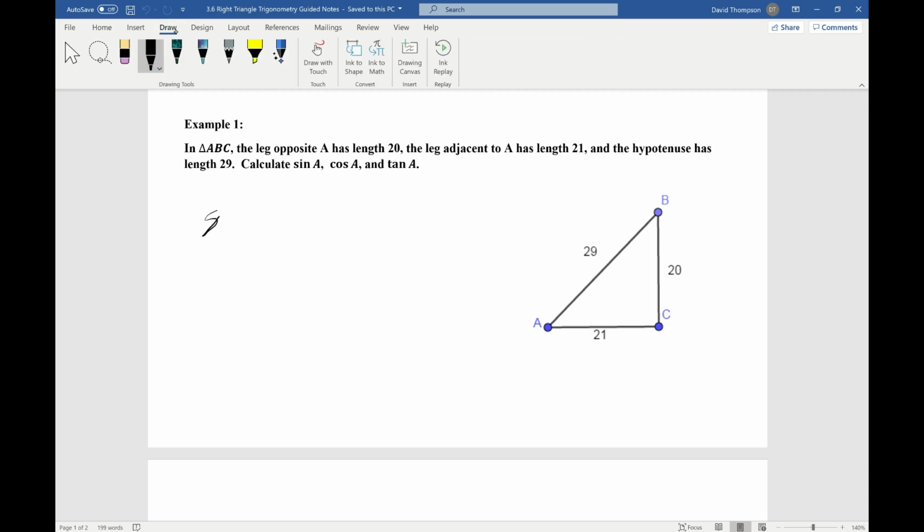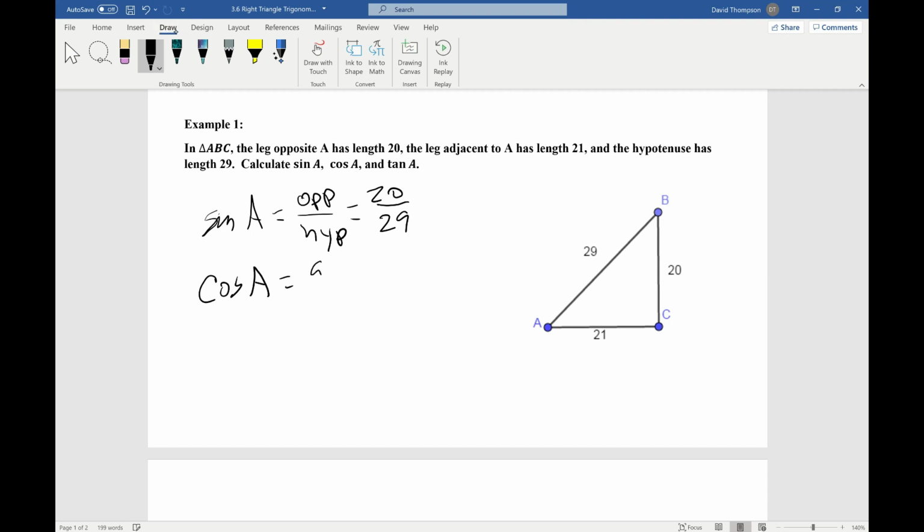To find sine A, that's opposite over hypotenuse, so in this situation it's just going to be 20 over 29. To find cosine of A, that's going to be adjacent over hypotenuse, so it's going to be 21 over 29.